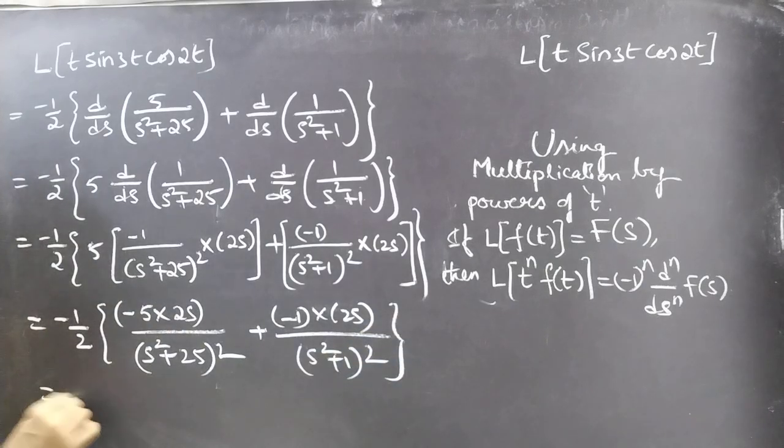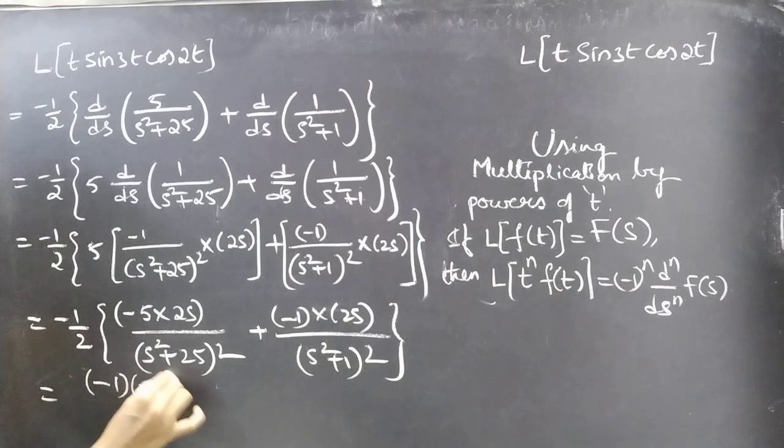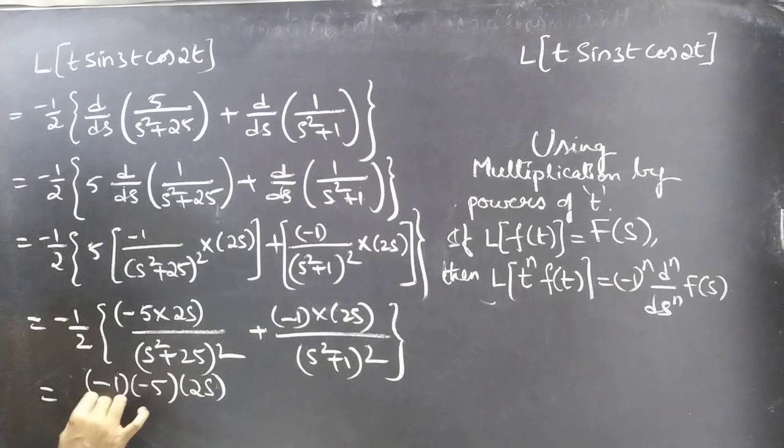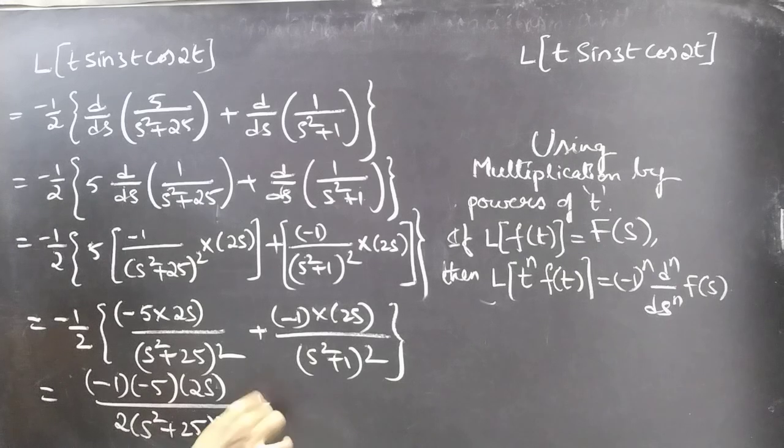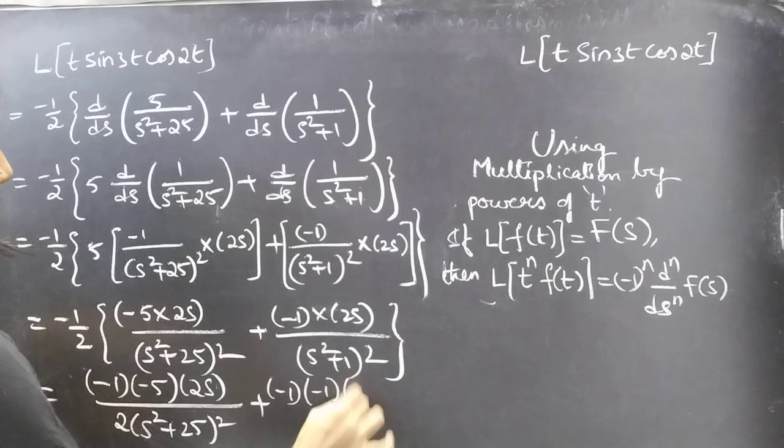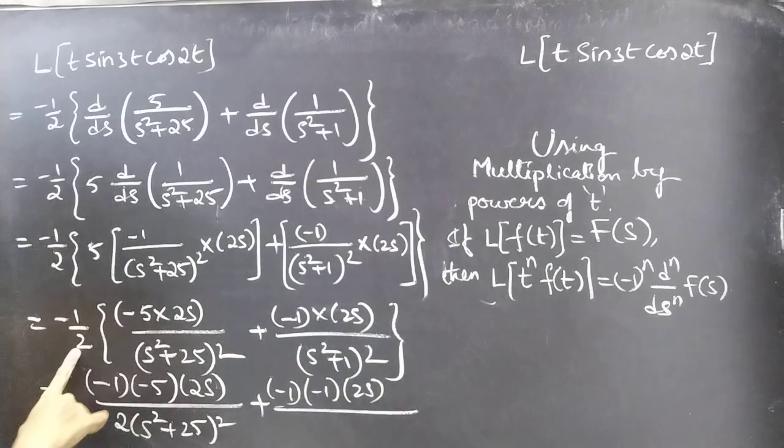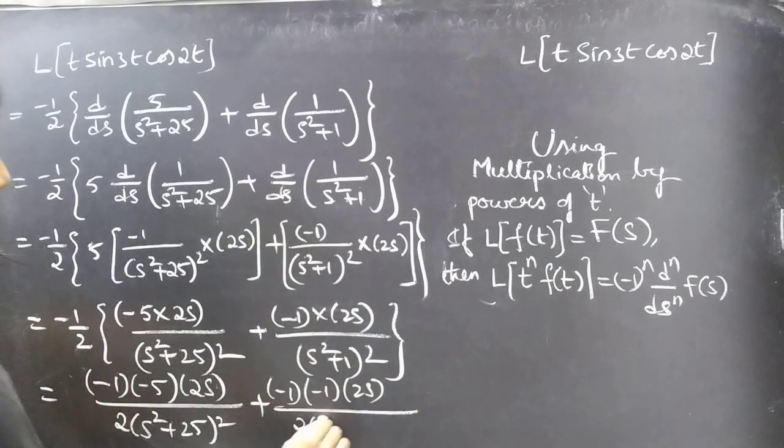This is equal to minus 1 by 2 into, or you can just write this as minus 1 into minus 5 into 2s by 2 times s square plus 25 whole square, plus minus 1 into 2s by 2 into s square plus 1 whole square, right? So here 2 gets cancelled.